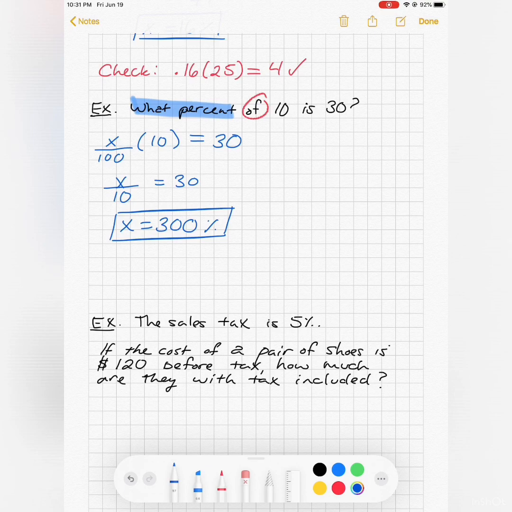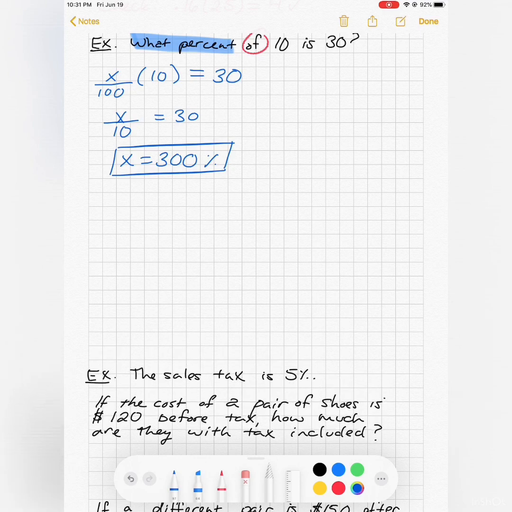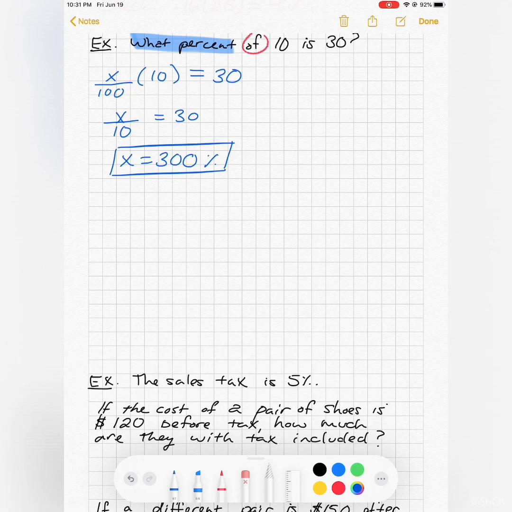Okay. Does it make sense? So how would I check something like that? Well, I'd say what? 300%, so 3 times 10, is that 30? Oh, yes, it is.